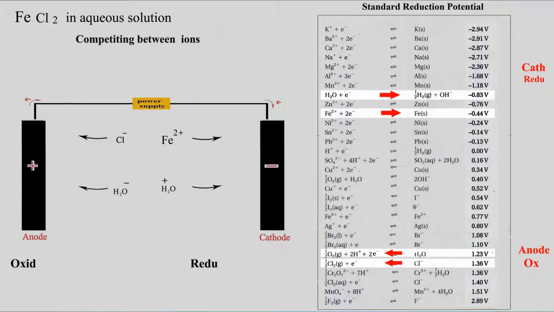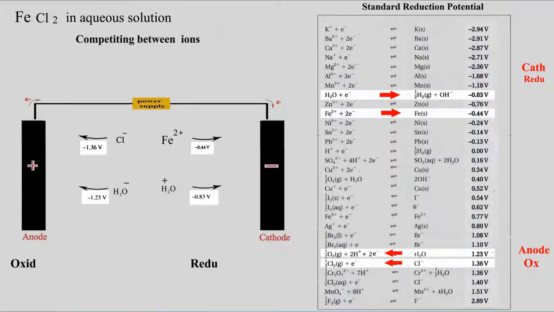Now we allocate: anode oxidation, reverse arrow; cathode reduction, same arrow. And based on this reverse arrow, you will reverse the value. So now the reversed value you will allocate as here.